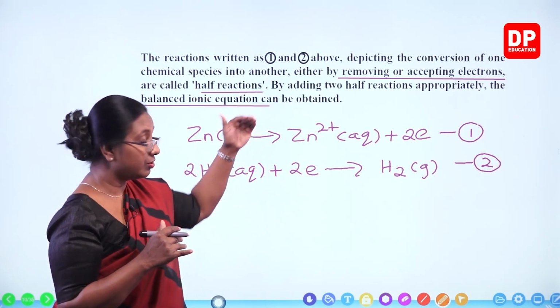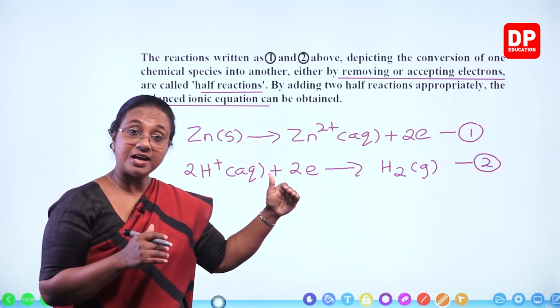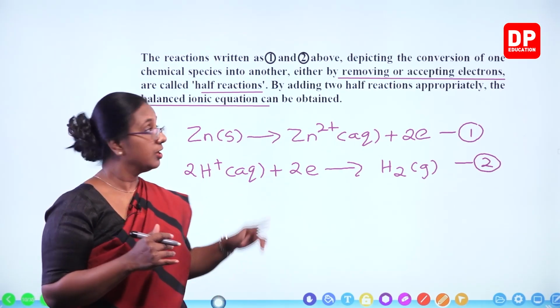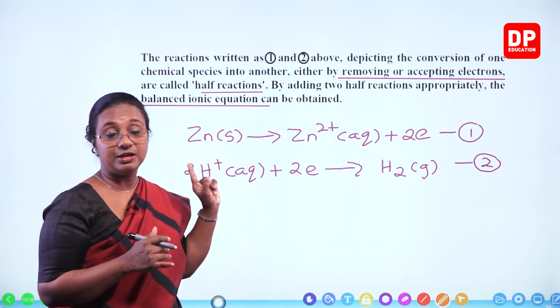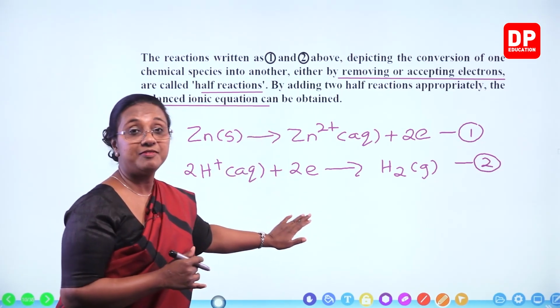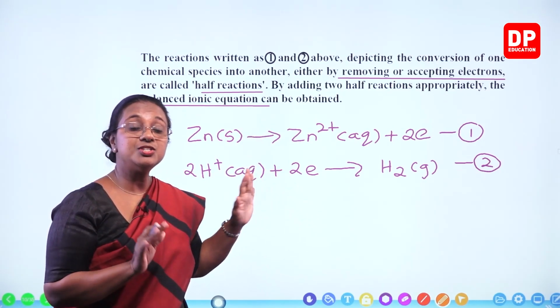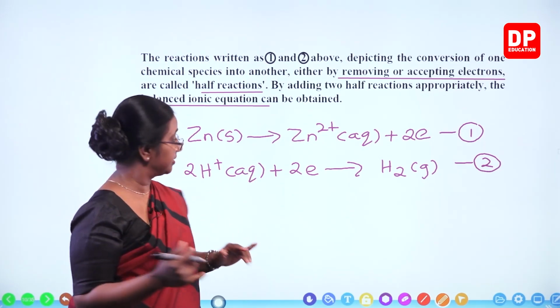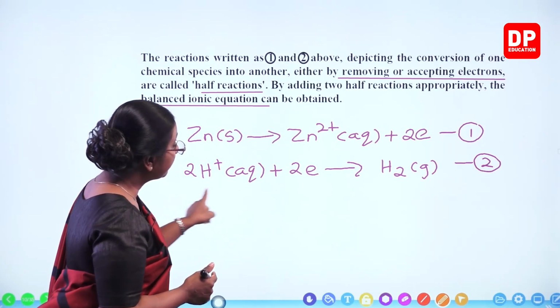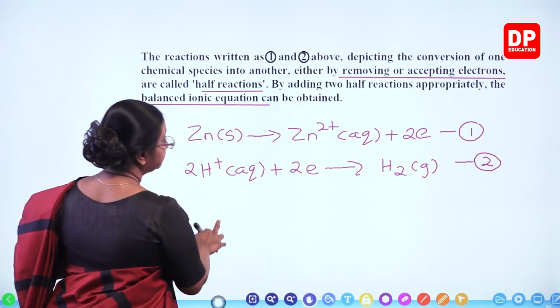It's easy for you all to look at the half equations written above and write the full balanced ionic equation below. But for us, since we have it in the previous slides, I have written it again. Otherwise, you don't have to write it twice. So these are the first and second reactions. You can add them together.